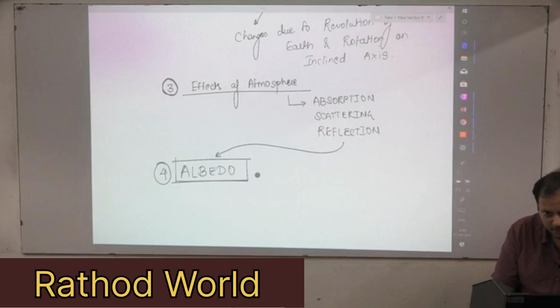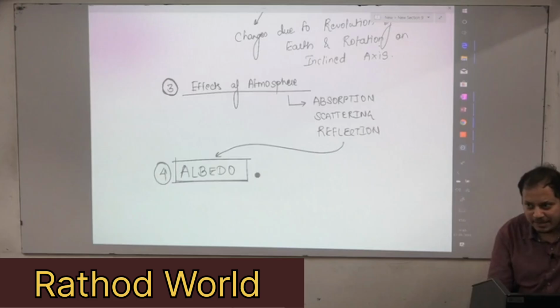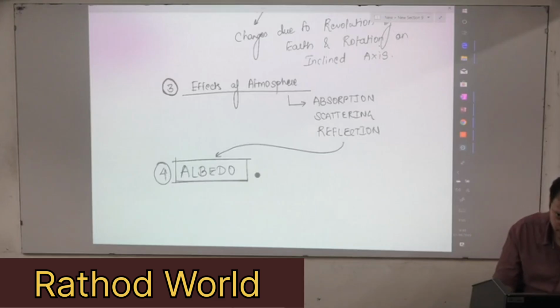The reflective property of any substance, when it is expressed in terms of percentage, is what is known as albedo. That is, how much of the incoming solar radiation falls on the surface, उस incoming solar radiation में से कितना percentage is reflected back into the space as the short wave radiation only, not as the long wave radiation, is what is known as albedo.